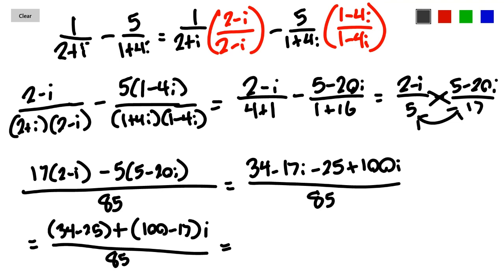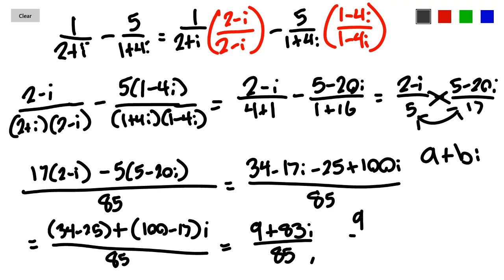And this gives me 9 plus 83i over 85. And then the last thing I need to do is split this up into two fractions so that I get the real part, a, added to the complex part, bi. And so this is going to give me 9 over 85 plus 83 over 85 times i.